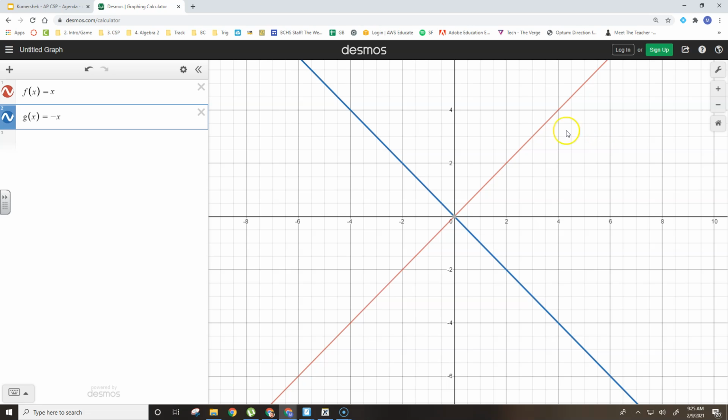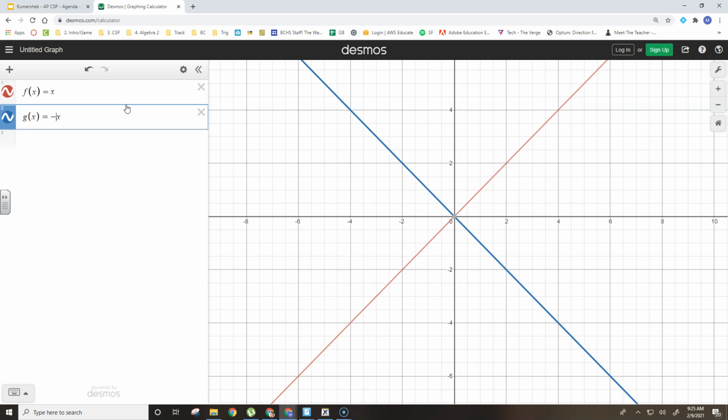So when we make it -x, it is a reflection over the x-axis. We can think about it as. You might also be saying, well, isn't it also a reflection over the y? And yes, it is. There's actually both that happen here. They're equivalent. So either one that you would put would be correct. And if you put both, that would be great, right? Because both of them are true.